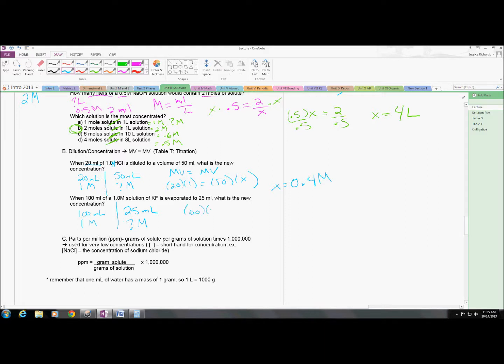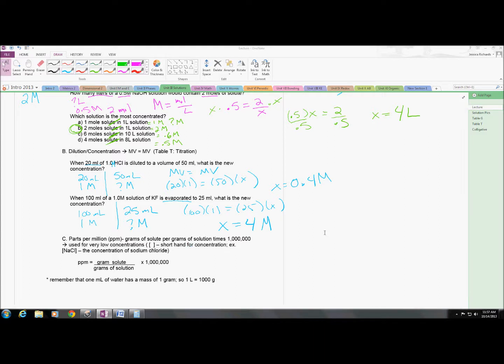So I have 100 times 1 equals 25 times X, and our answer is 4 molar. And see if it makes sense. If I'm diluting this down, it should get weaker. 0.4 is weaker than 1. If I'm concentrating this by evaporating, so I'm making it more concentrated, I'm getting rid of the water, my molarity should go up. 4 is higher than 1, it goes up. So I've done my math correctly.